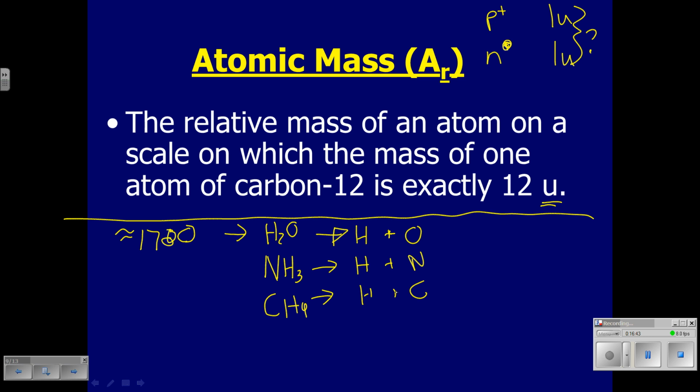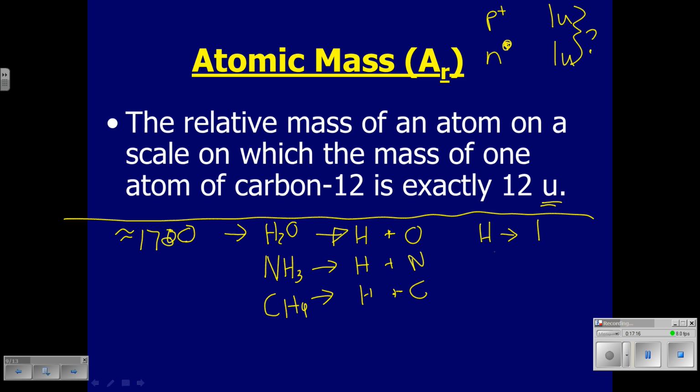Now, when they weighed them, they would have got different numbers depending on how much mass they started with. They might have got 1.2 grams of hydrogen and 12.7 grams of oxygen, whatever goofy number. And what chemists then would do is they would divide off that smallest number so that the smallest number would always be 1. And what that automatically did was gave hydrogen a mass of 1.